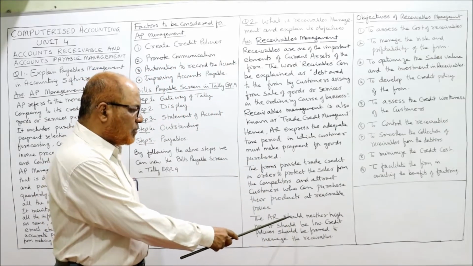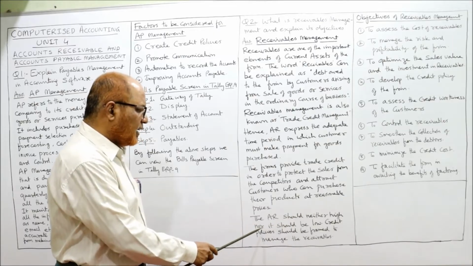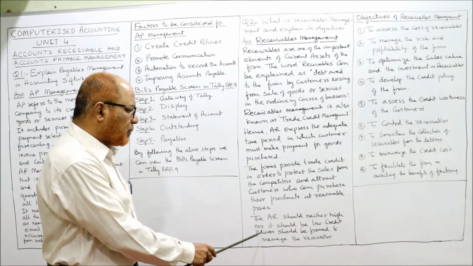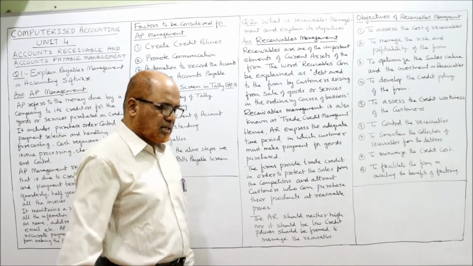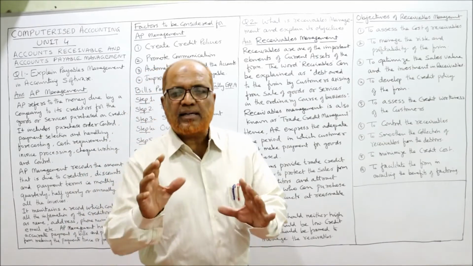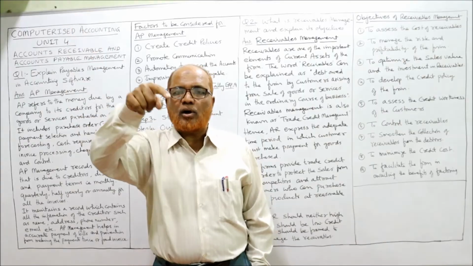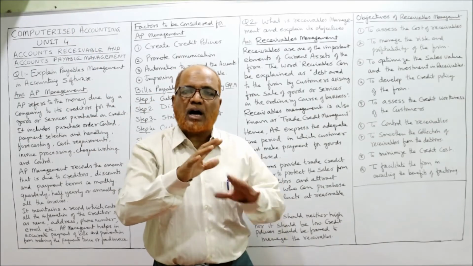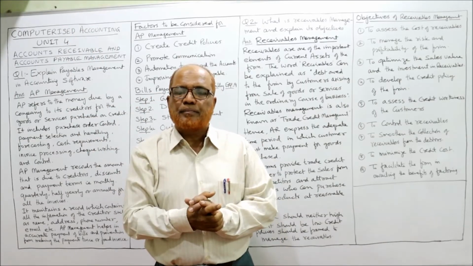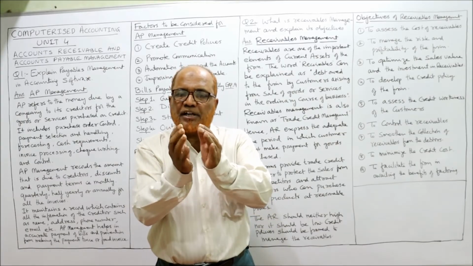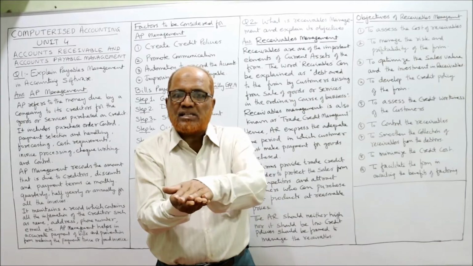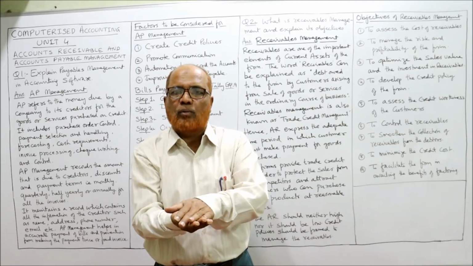Now the account receivable should be neither high nor low. Credit policies should be framed to manage the receivables. Ultimately, the credit period should be neither very high nor very low. Both are bad evils. If we keep the credit period low, then our sales will be low and our profitability will be low.